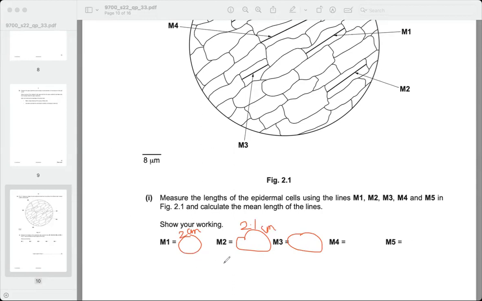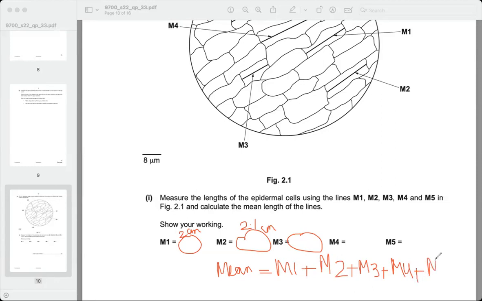Then you move on to calculating the mean. First, you write the formula for the mean. Never ever forget to write the formula. This is one of the major parts they expect you to write, and most of the students tend to skip this part. So M1, M2, M3, M4, and M5.